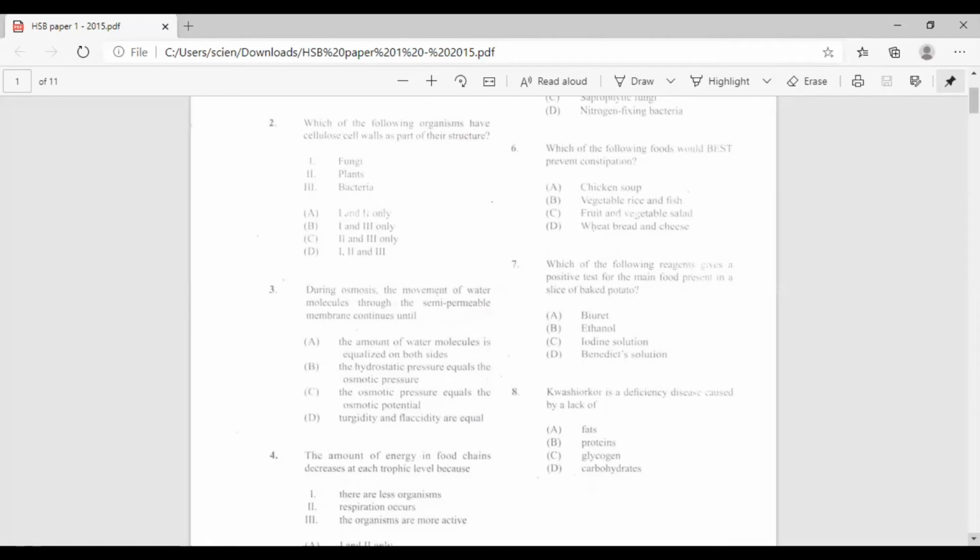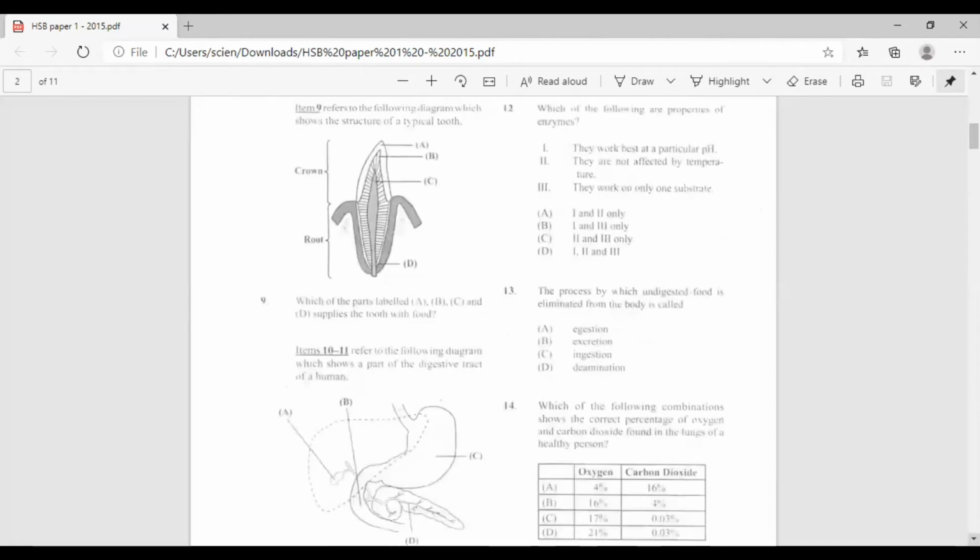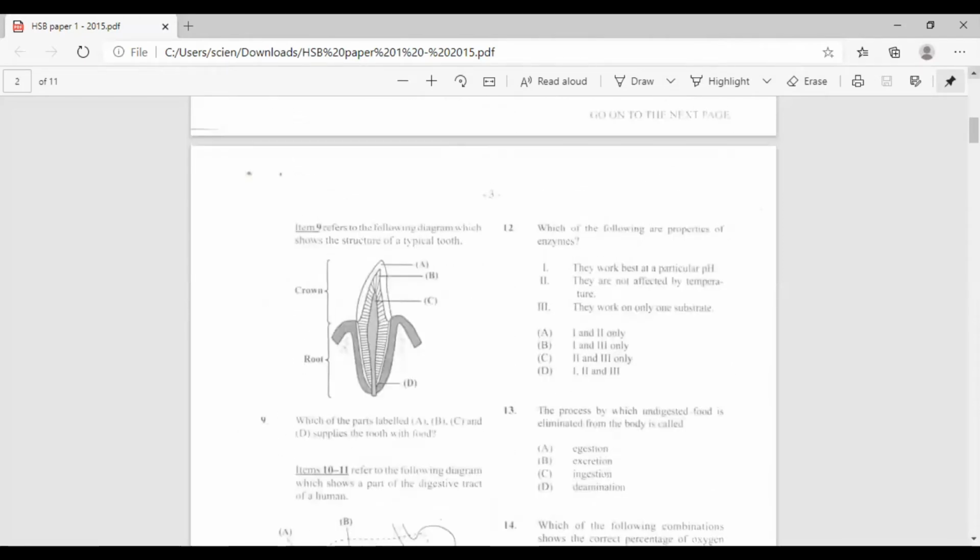So question 9. Item 9 refers to the following diagram, which shows the structure of a typical tooth. So the actual question: which of the parts labeled A, B, C, D supplies the tooth with food? So the first thing you have to know, what is A?